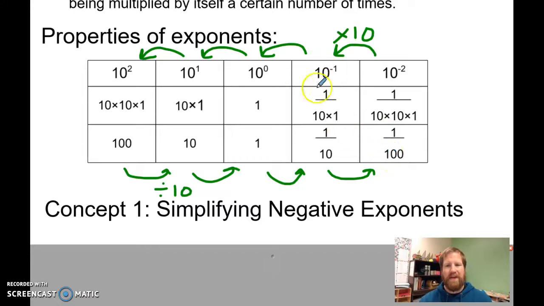When you have a negative exponent, you are going to have the same value as your positive exponent, but it's going to be underneath a fraction. So 10 to the first is 10 times 1. 10 to the negative first is 1 over 10 times 1. Same thing for 10 to the second: 10 times 10 times 1. 10 to the negative second is 1 over 10 times 10 times 1.